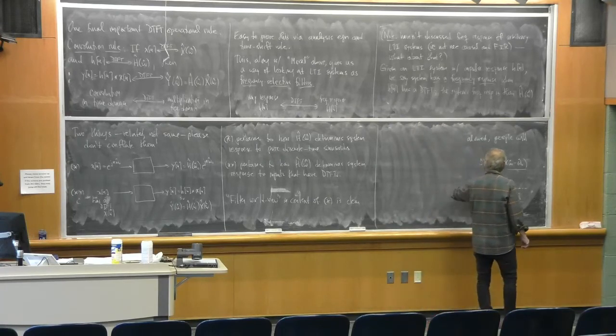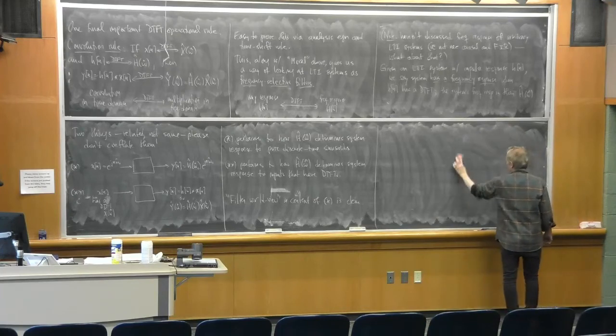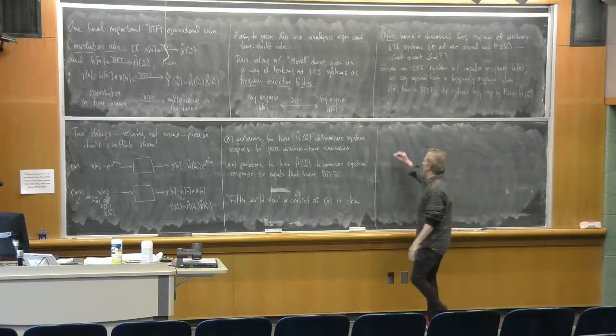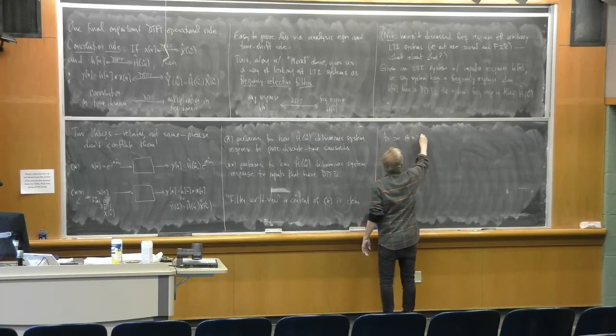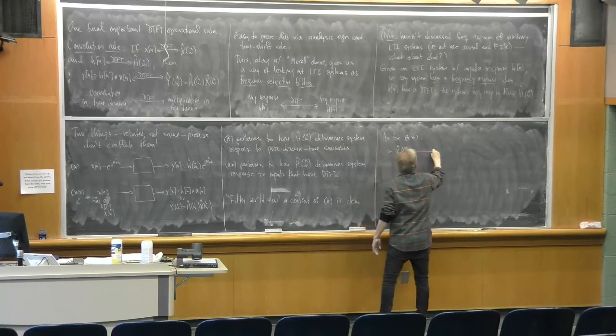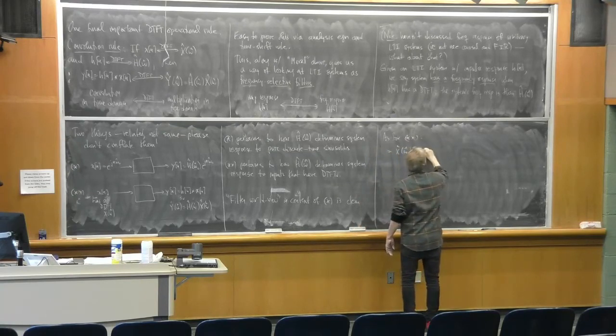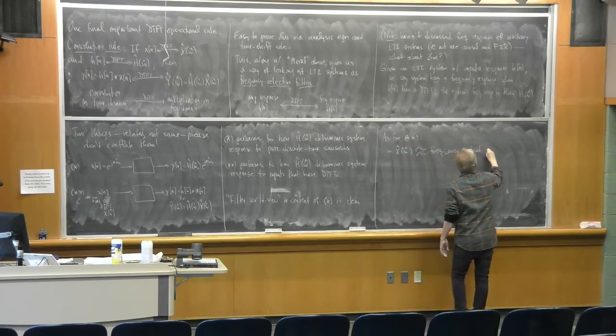We think of x hat of omega hat as reflecting the frequency content of x. So as for double star, x hat of omega hat reflects the frequency content of x of n.